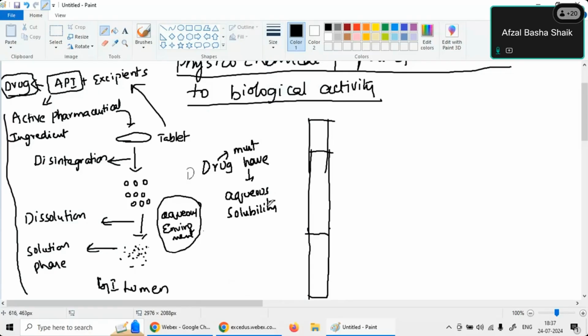If the drug is more lipid soluble, will it form a solution here? No, it doesn't form a solution. So this is the GI membrane.